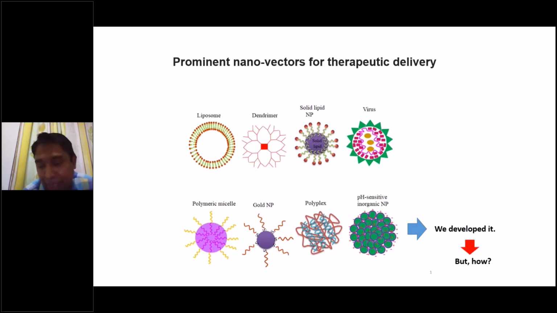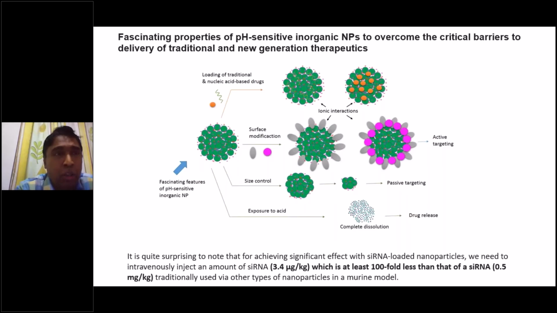If I have time, I will explain. So this is a nanotechnology platform we developed. I will explain later. These are the fascinating properties of our pH-sensitive inorganic nanoparticles that I developed when I was doing my PhD, in fact, and then I extended this field, and my team has developed other types of inorganic nanoparticles that were overlooked so far.